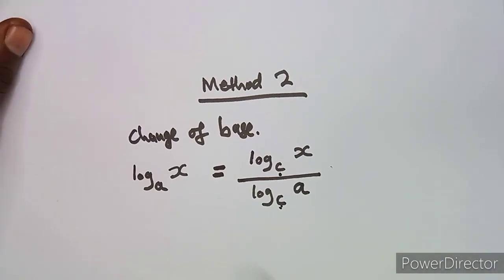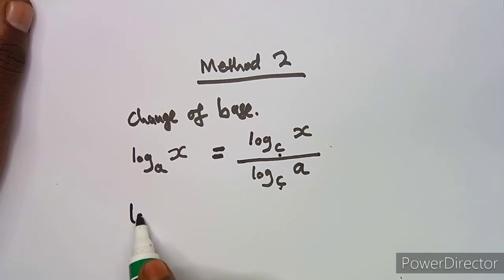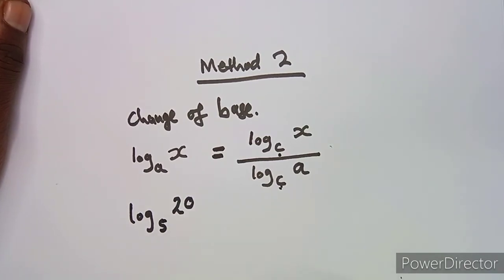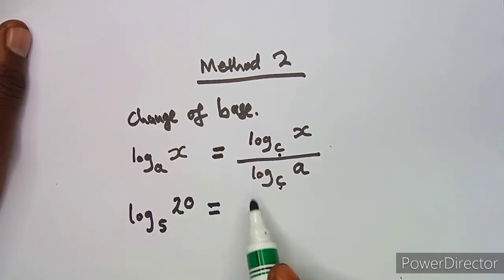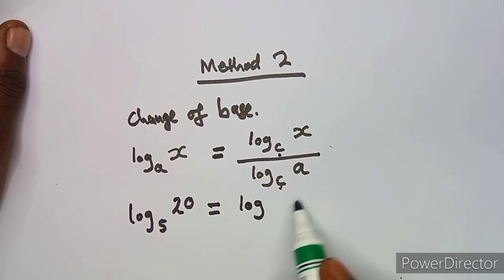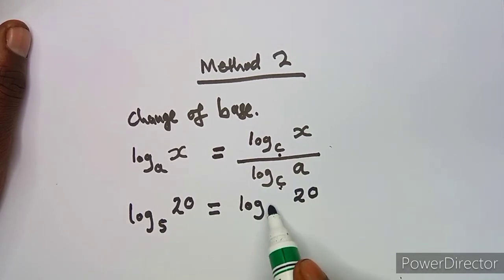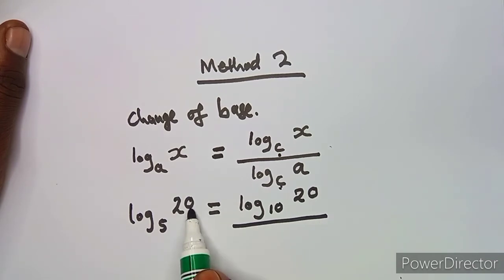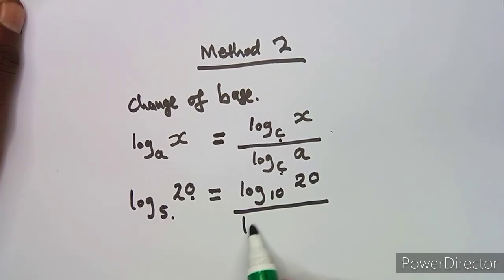So what do I mean here? I mean that I can write a number like log 20 in base 5 like this. I can write it in any base of my choice. I can write this as log 20 in base 10 over log 5 in base 10. I started with 20, then 5 over log 5 in base 10.